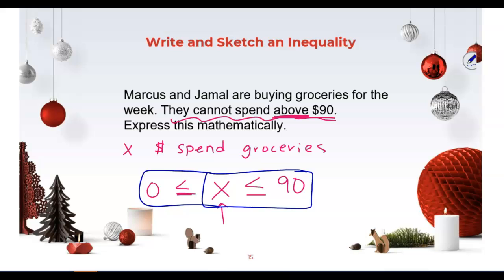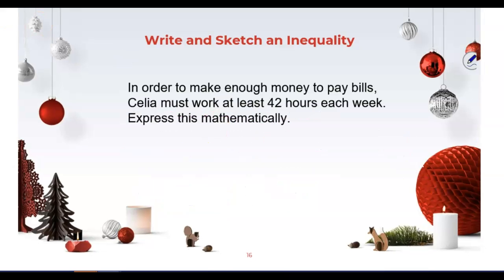All right, moving on. In order to make enough money to pay bills, Celia must work at least 42 hours each week. So at least, does that mean less than 42 or greater than 42? Well, let's call H the number of hours Celia must work to pay the bills.